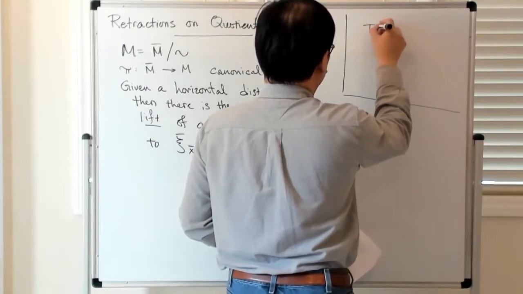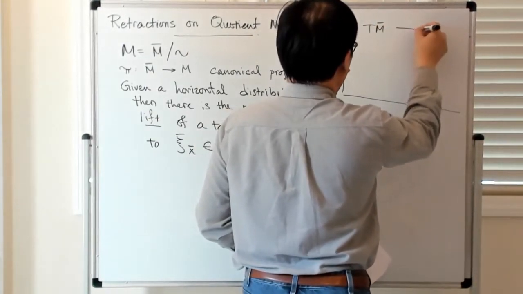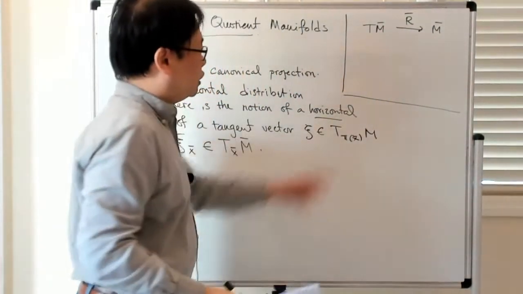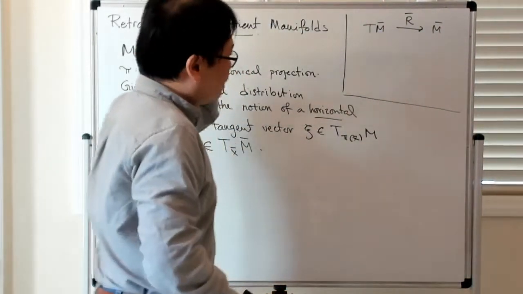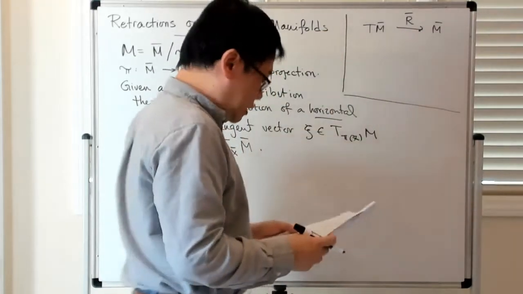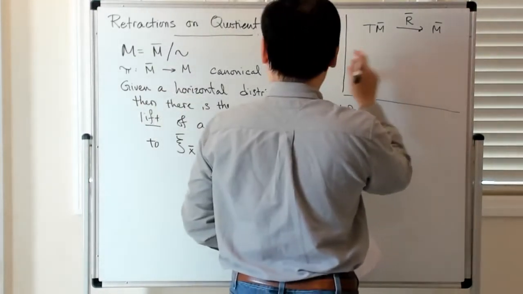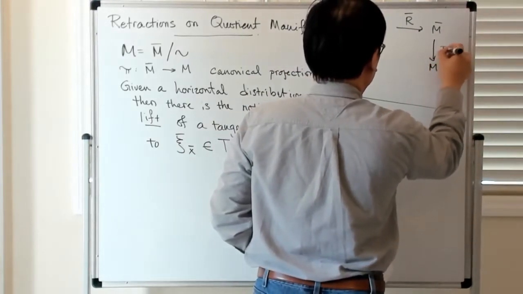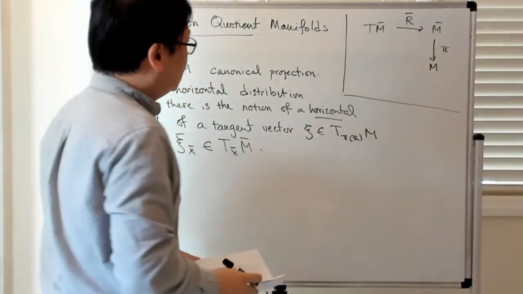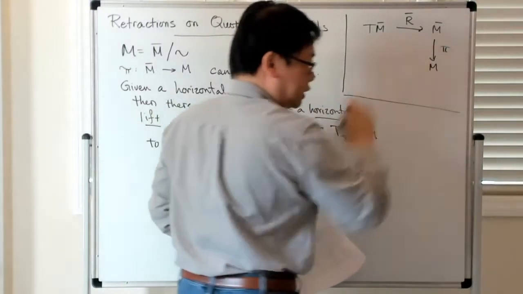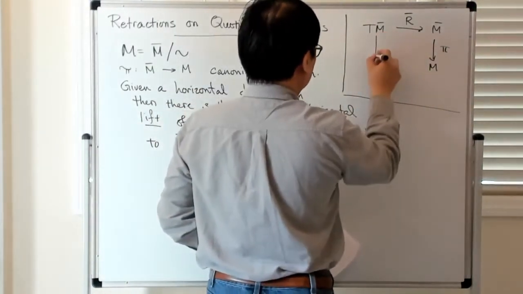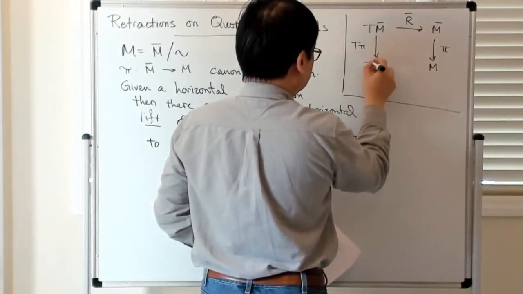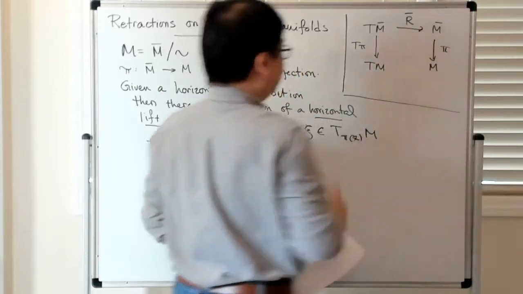Okay, so if you have the tangent space to M bar mapped to M bar, this is of course where the retraction for M bar lives. So a map from TM bar to M bar. And then you have the projection from M bar to M, the canonical projection. And then there's the notion of the tangent lift of that map, which induces a map from TM bar to TM.